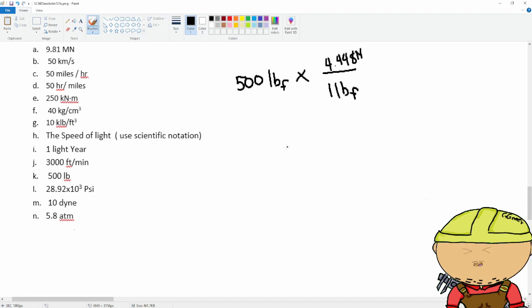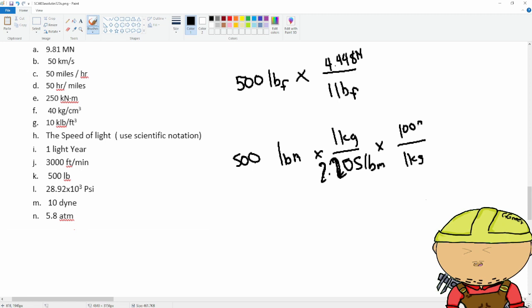If that's pound mass, we could just convert it to kilogram. 2.205 pound mass is 1 kilogram. Okay, my writing is very legible, I'm sorry. Then 1 kilogram is 1,000 gram, and that's a non-prefix metric system, in scientific notation.